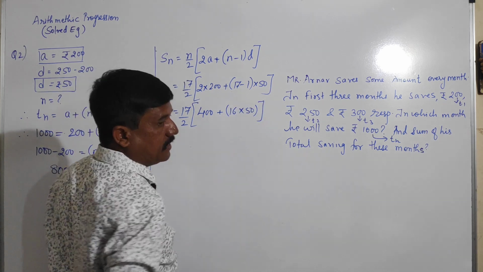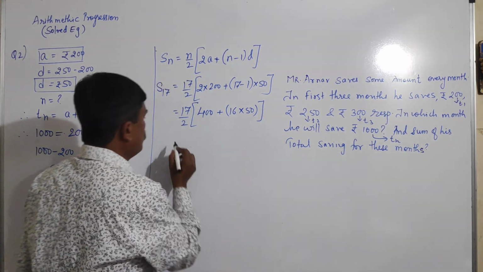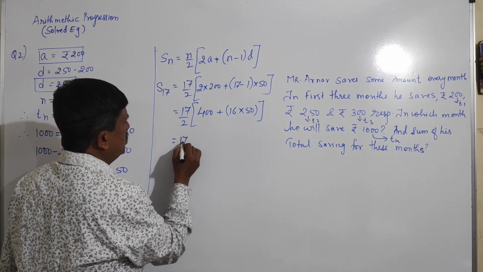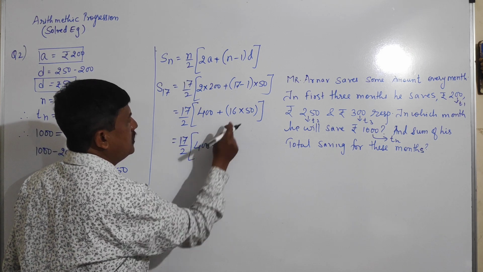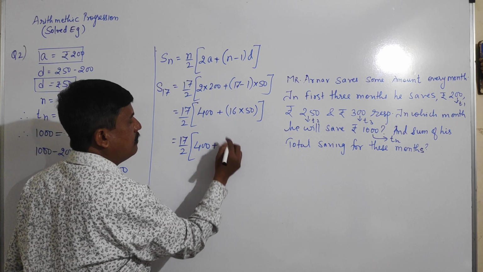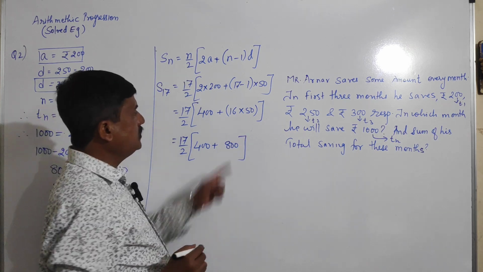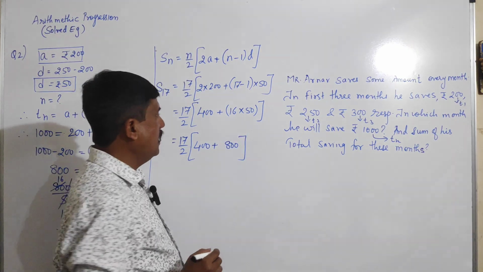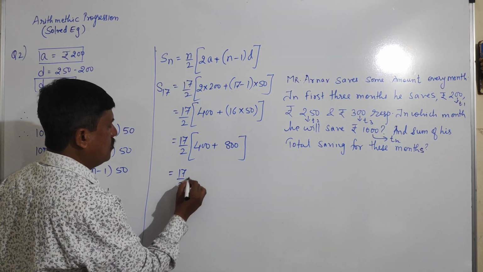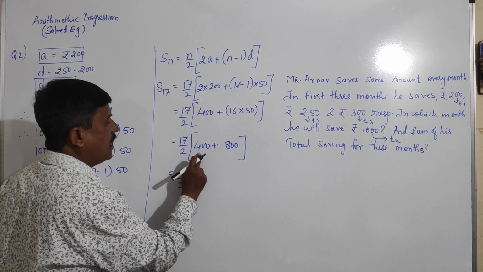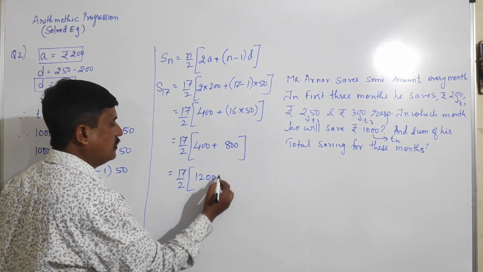First solve this bracket as per the BODMAS rule. You have to solve the bracket first. 17 upon 2, 400 plus 16 into 50, which is nothing but 800. 16 into 50 is 800. 17 upon 2, 400 plus 800 कितना होगा? 1200.